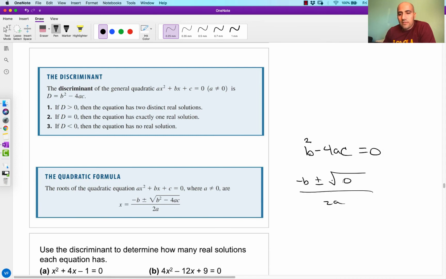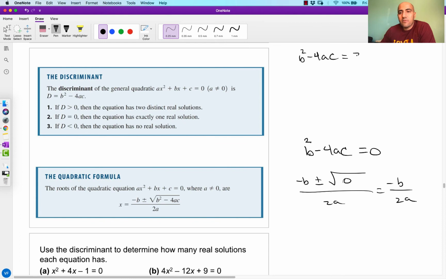And so this part disappears and I'll only have one answer, negative b over 2a, right? Only one solution. If the discriminant, this part inside here, is equal to 0, then the equation has exactly one real solution.